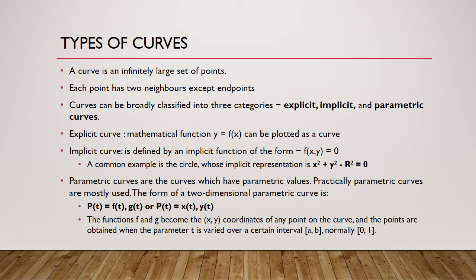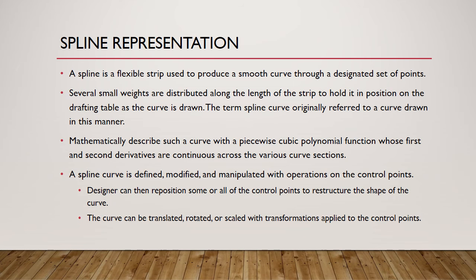For parametric curves, if it is a two-dimensional parametric curve, you'll find a function of t for x and another function of t for y, where the parameter t is varied over a certain interval a to b.